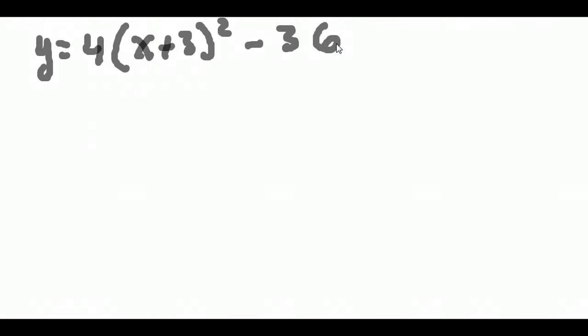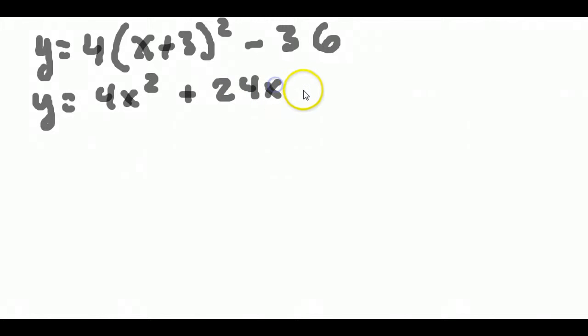All right. So let's start again with our original equation. So we have y equals 4x squared plus 24x.